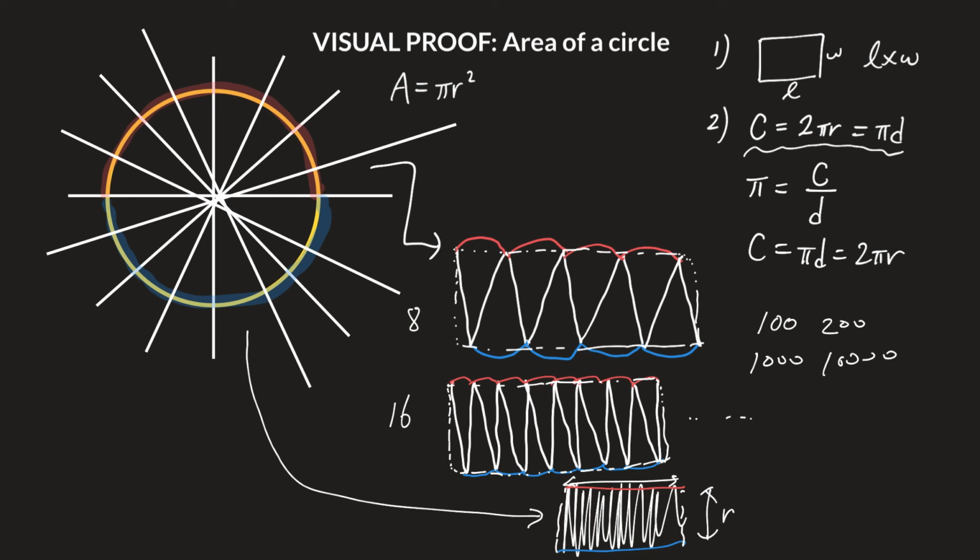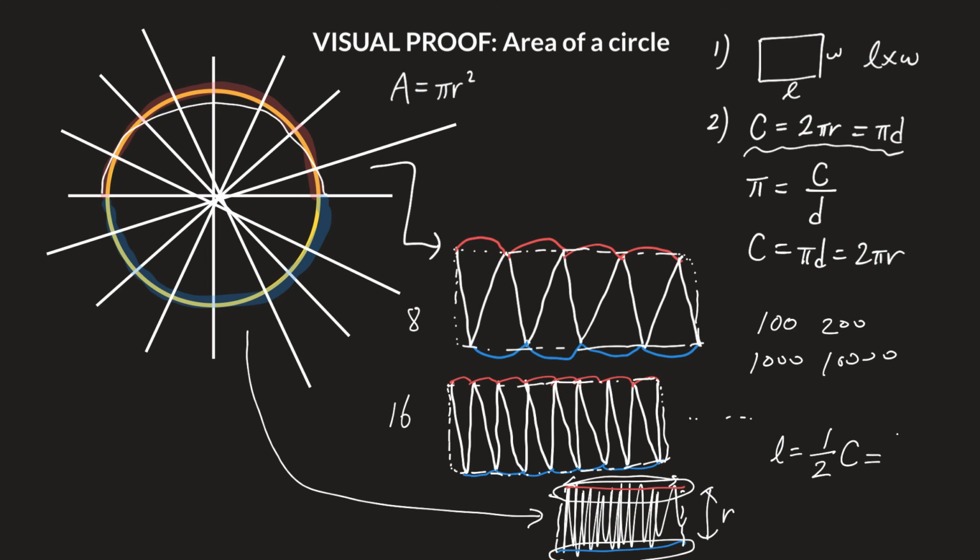Well, notice that we placed all the slices with red edges on top and all the slices with blue edges on the bottom, which means the length of the rectangle is exactly half of the circumference of the circle. Do you agree? Because red represents this half circle here. So the length of the red edge is equal to half of the circumference of the circle.